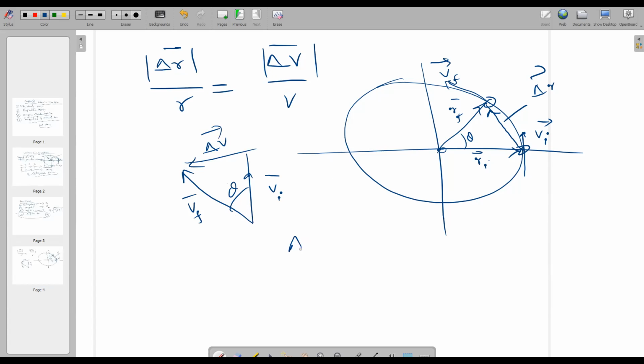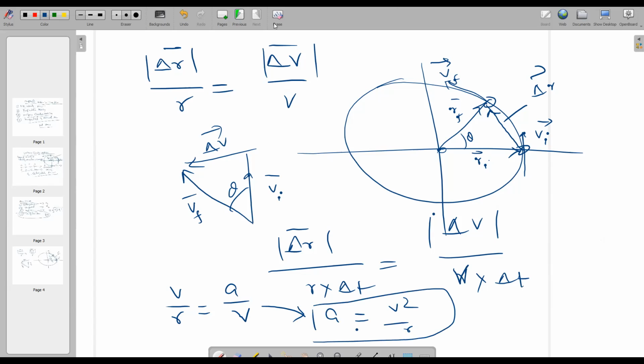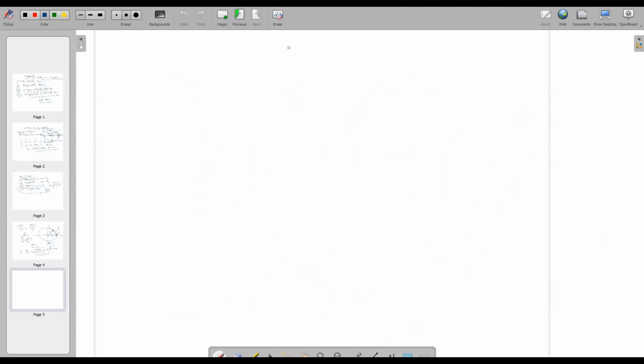What we want to do: delta R over R divided by delta T, and delta V over V divided by delta T. Delta R over delta T is V, so this is V over R. Delta V over delta T is A over V. If you simplify this, your answer will be V square over R. So this is our centripetal acceleration.